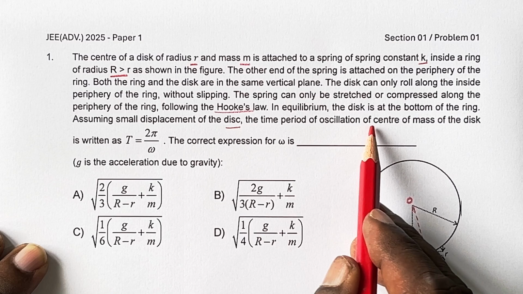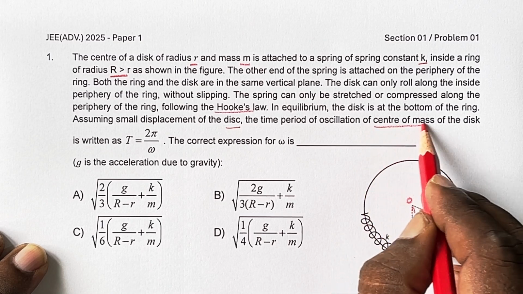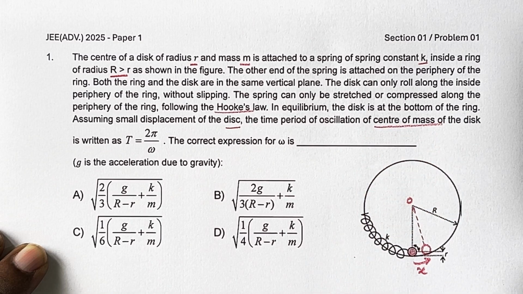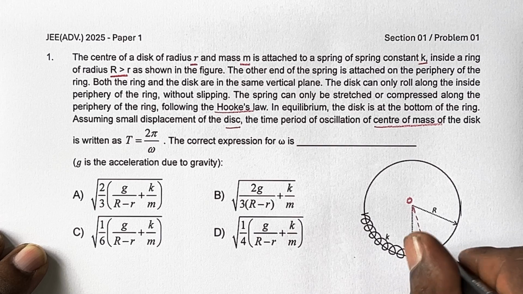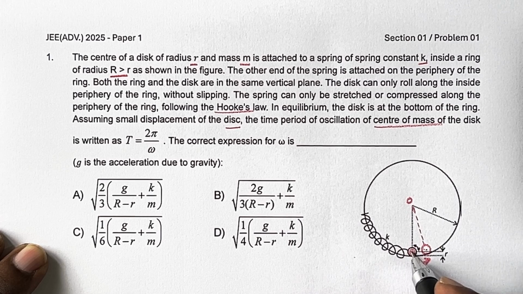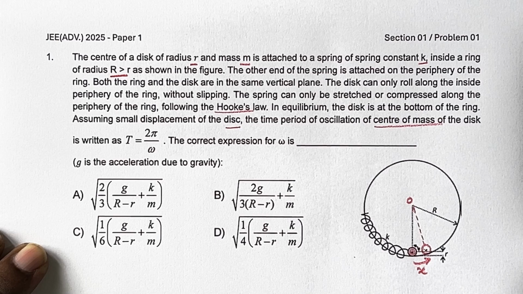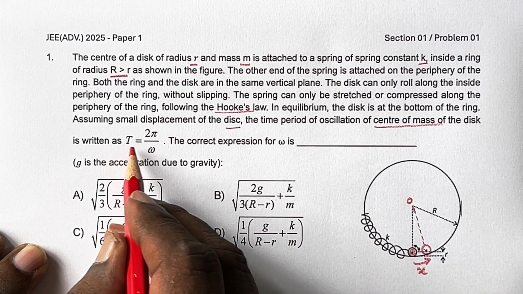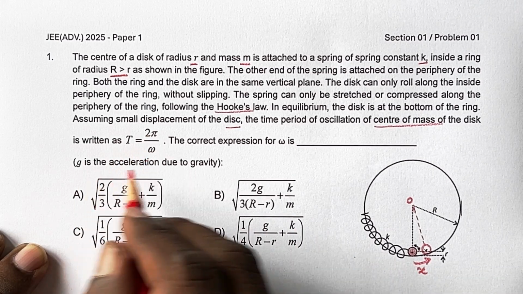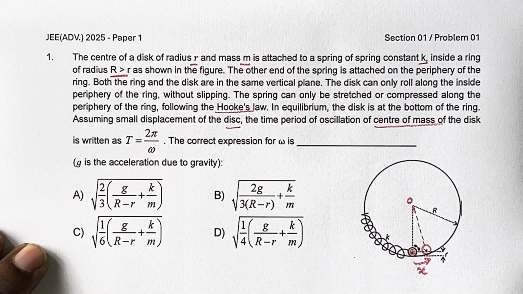The time period of the oscillation of the center of mass of the disc, this is the center of mass, is written as T equals 2 pi by omega. The correct expression for omega is what we have to calculate.